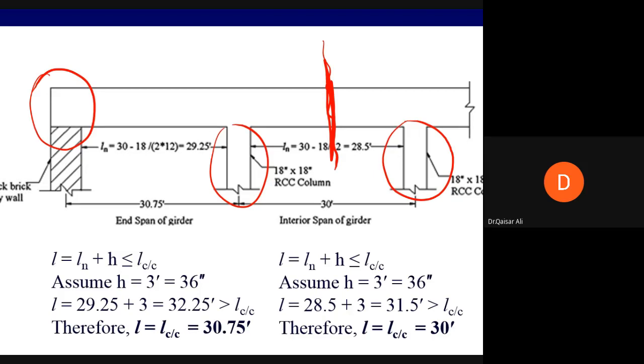This will give us 29.25 feet real length, because the column is 18 inch. And for the interior span, this will be 30 minus 18 inch, because 9 inch is this column and 9 inch is this column. So 30 minus 9 minus 9, this will give us 30 minus 1.5, 28.5 feet real length of this span.